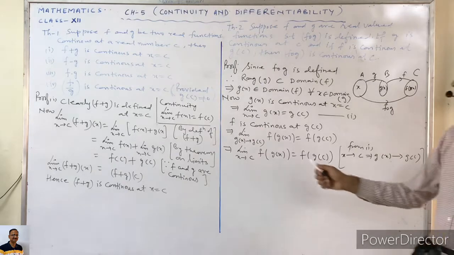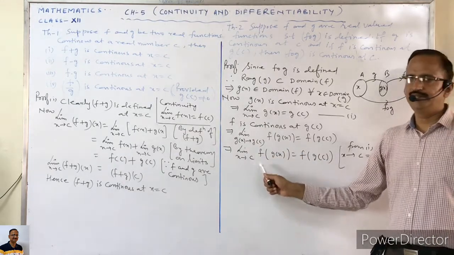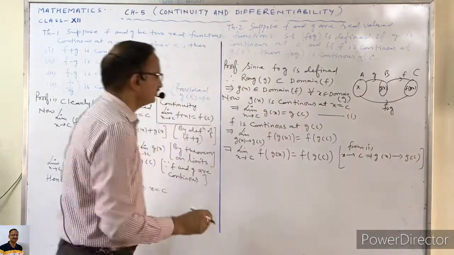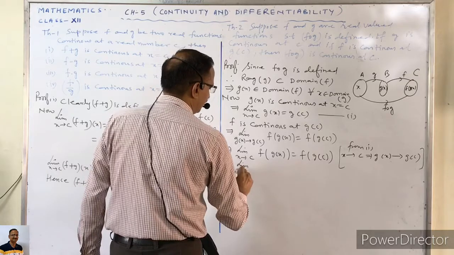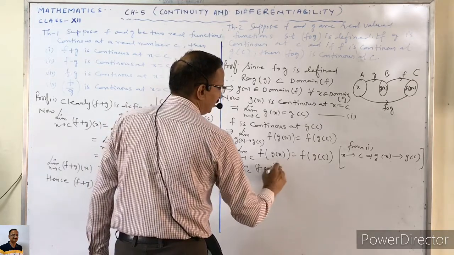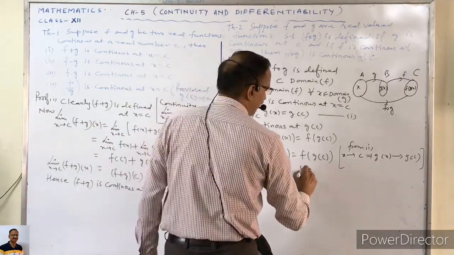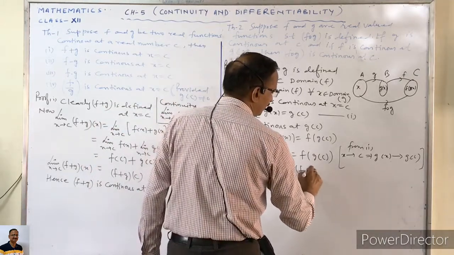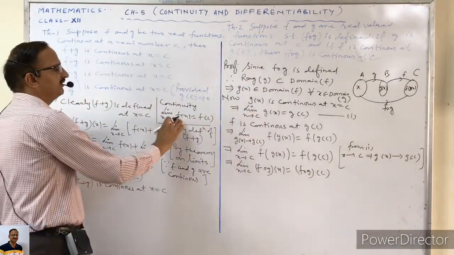So in place of this, we can write x tends to c. Now, this can be written as limit x tends to c, (fog)(x), and this equals (fog)(c). Now again, look at this definition.